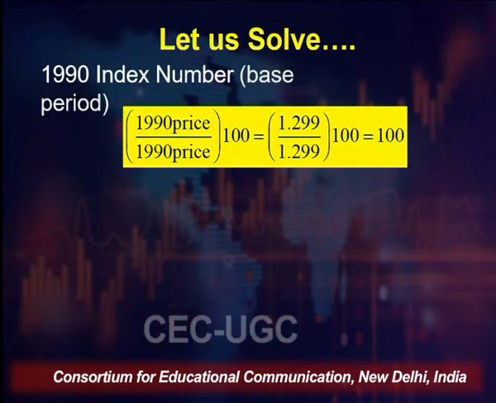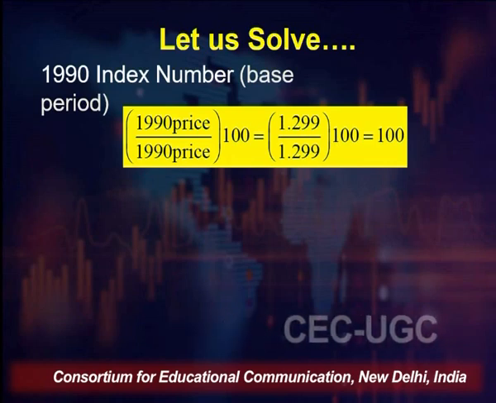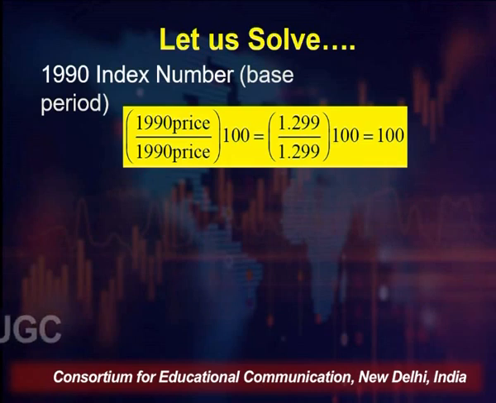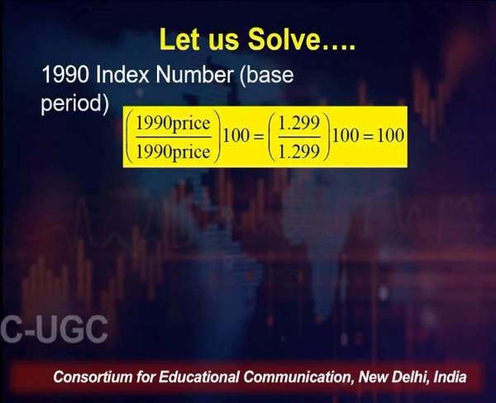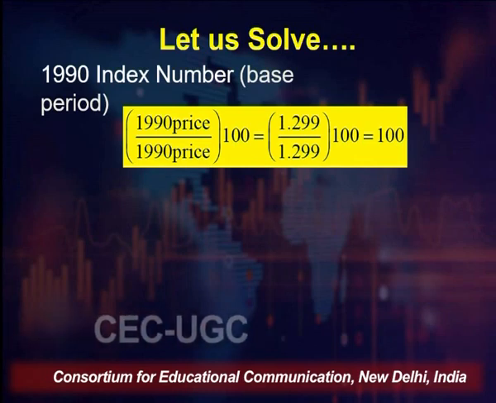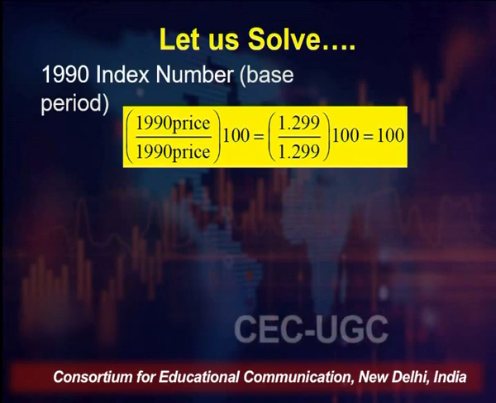Of course, the price is supposed to be the same, your base year and your current year. So you have taken year 1990 as a base year, and your current year value is also 1.299 and base year value is also 1.299. So your value comes to be 100 because you are multiplying it by 100. So you are having the index number for the year 1990 to be 100.